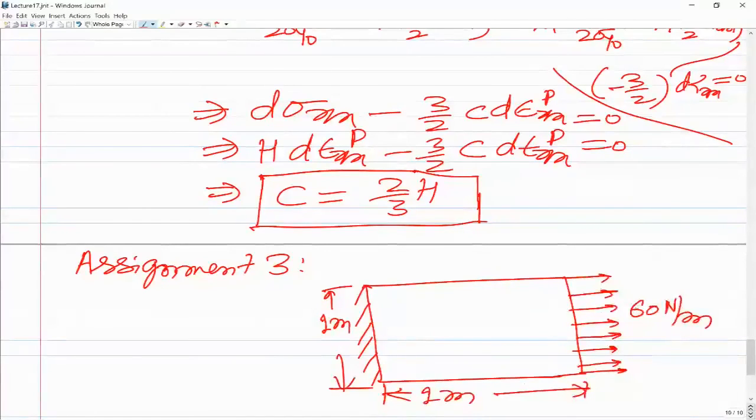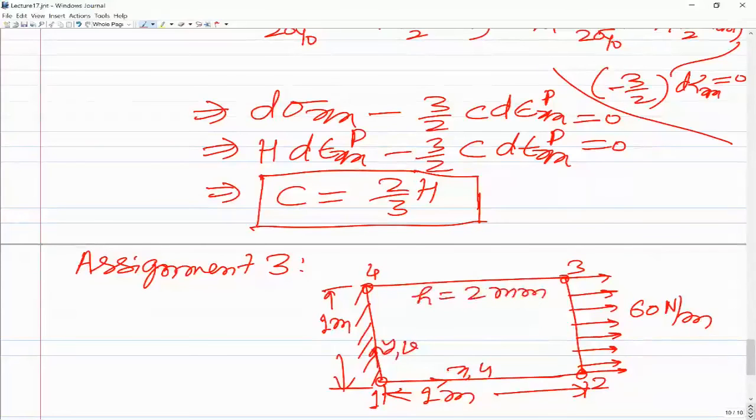So now you have to just discretize this using only one element. So this is say node number 1, this is node number 2, this is node number 3, this is node number 4, and this is x coordinate. The displacement in this direction is u, this is y, the displacement is v, and the thickness of this is say 2 mm.